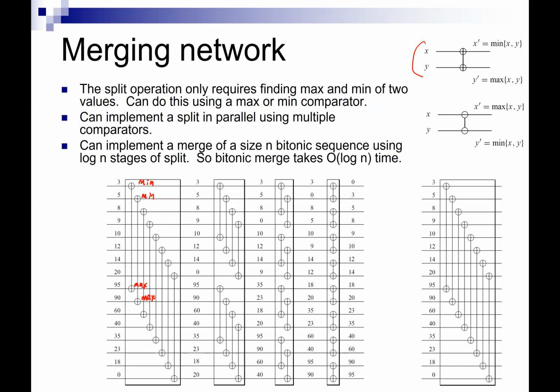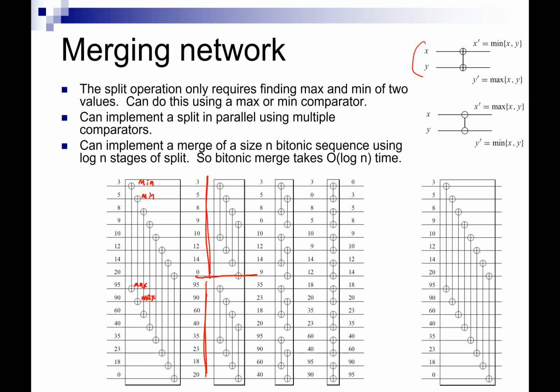Now after you do that, this sequence over here is a bitonic sequence, and this sequence is a bitonic sequence. We said that you want to do a bitonic split on the first sequence and another one on the second sequence.